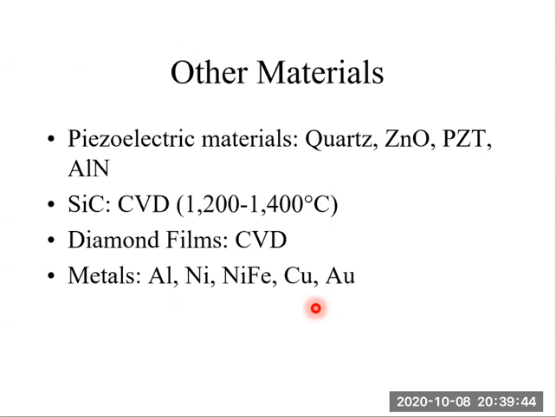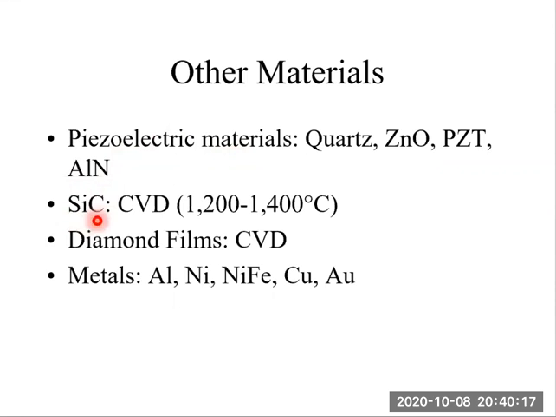Other materials which can be used in surface micromachining and also broader MEMS devices. Piezoelectric materials such as quartz, zinc oxide, PZT, aluminum nitride. But later we'll have a very detailed discussion of piezoelectricity.